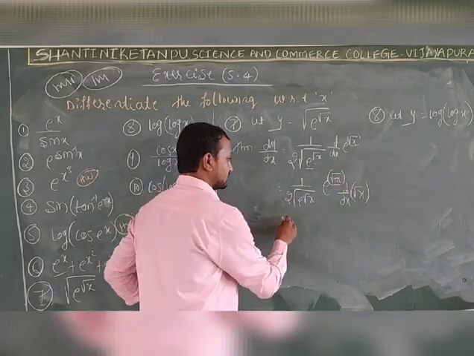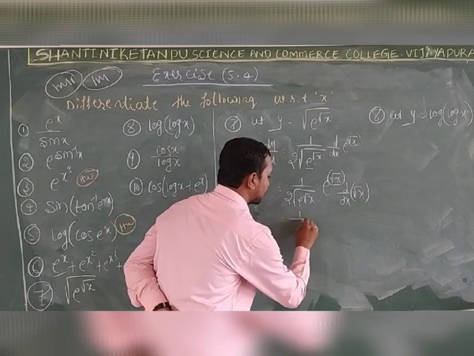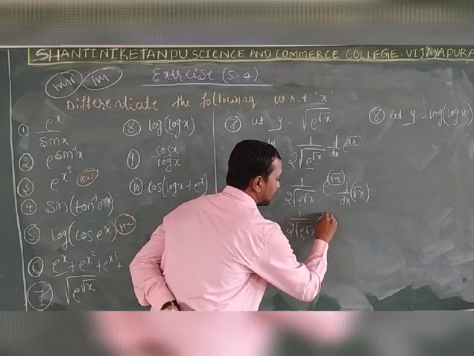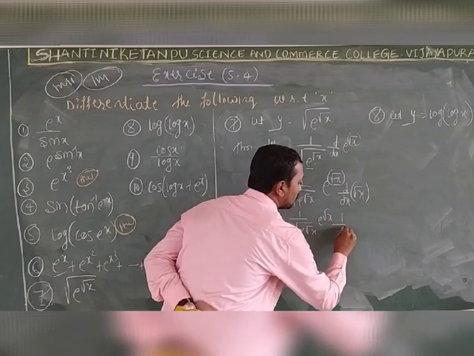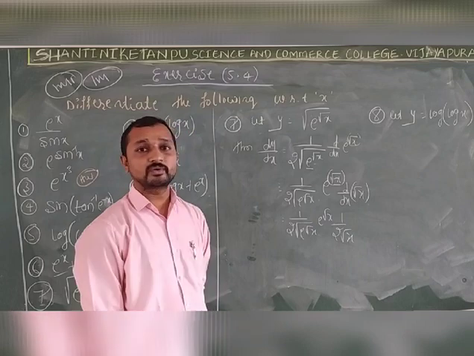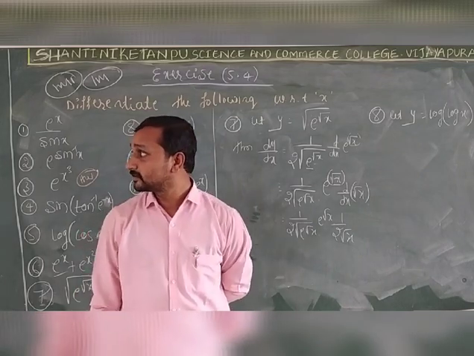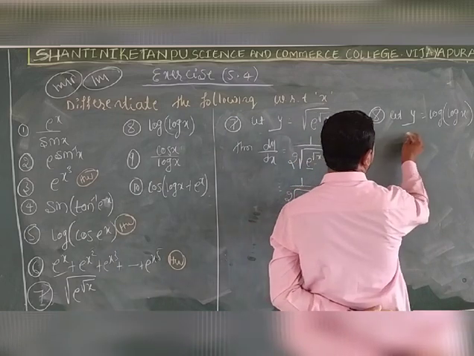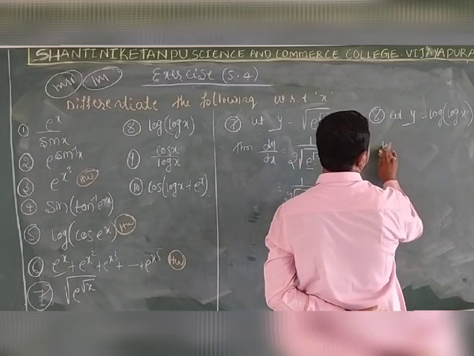Okay. And the next step is 1 divided by 2 root of e raised to root x into e raised to root x into 1 divided by 2 root x. Is that clear?